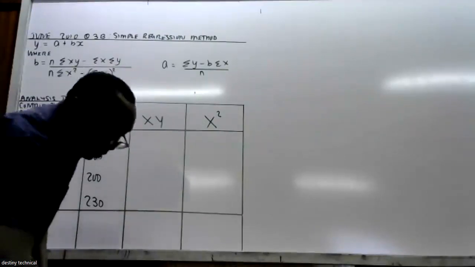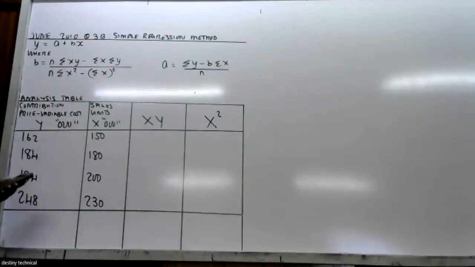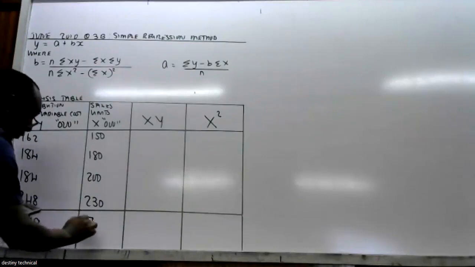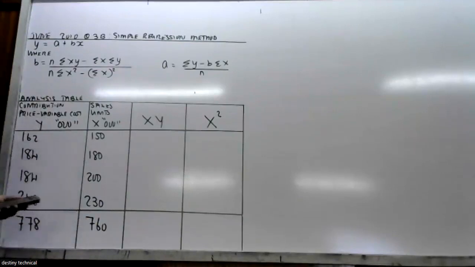Okay. So 248 plus 184 plus 184 plus 162 is 778. 150 plus 180 plus 200 plus 230 is 760.